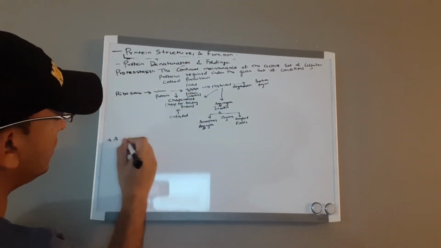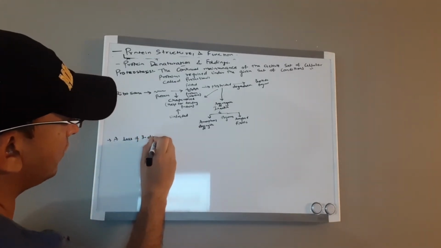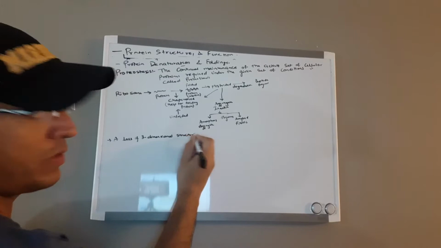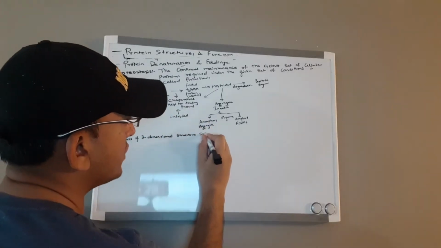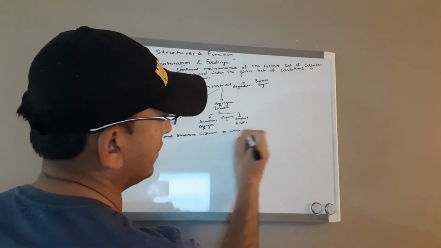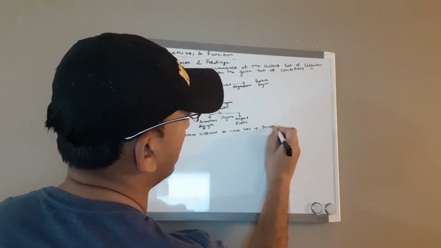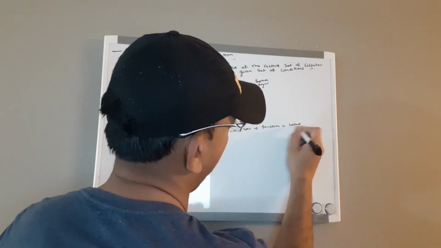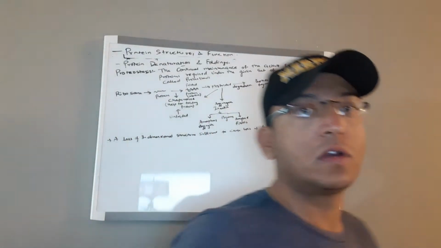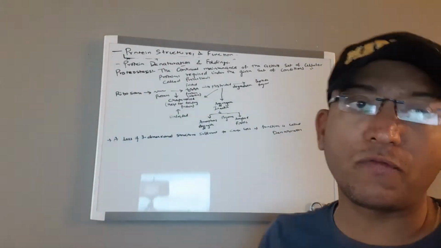Write down here: a loss of three-dimensional structure sufficient to cause loss of function is called denaturation.